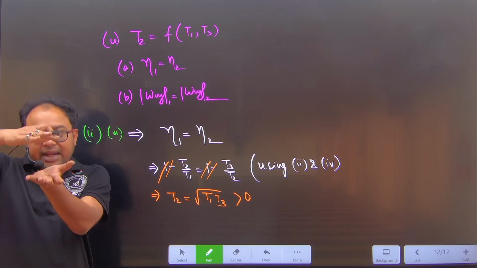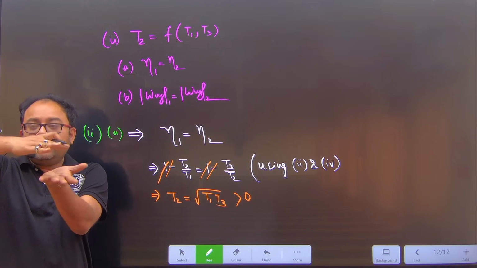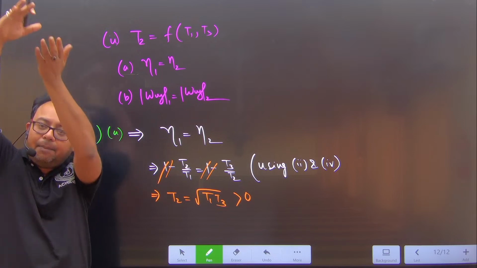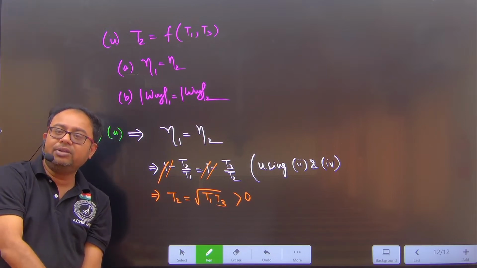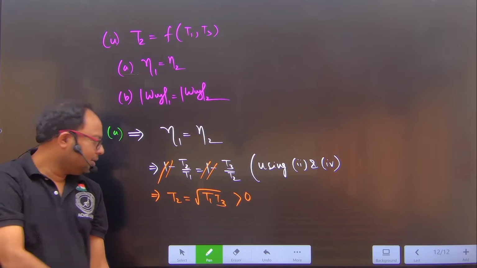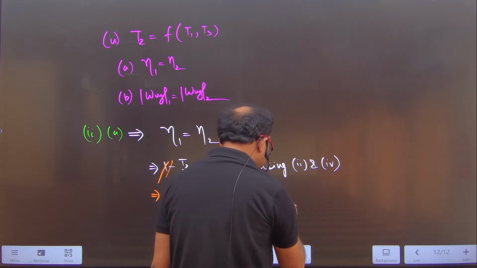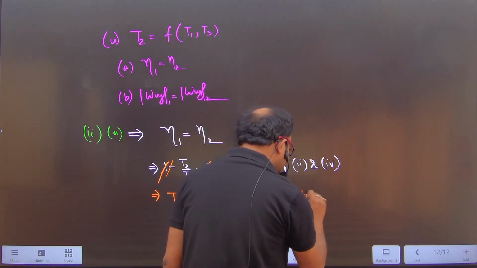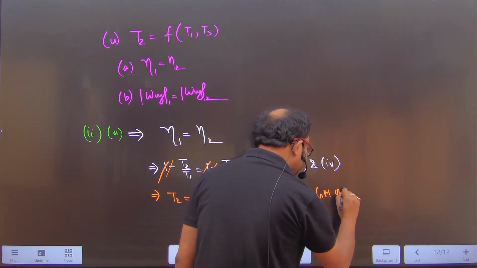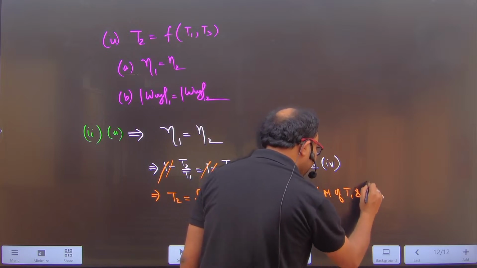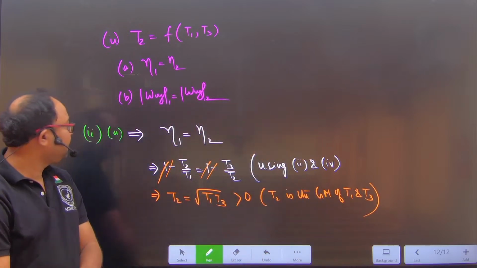The intermediate reservoir has a temperature which is the geometric mean of the upper and the lower reservoirs. Done.